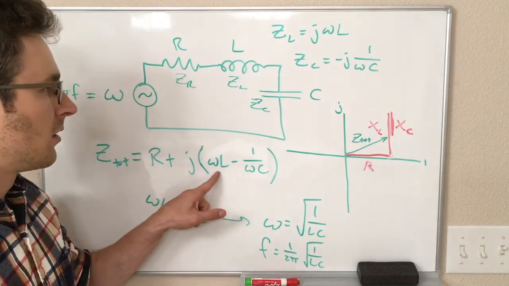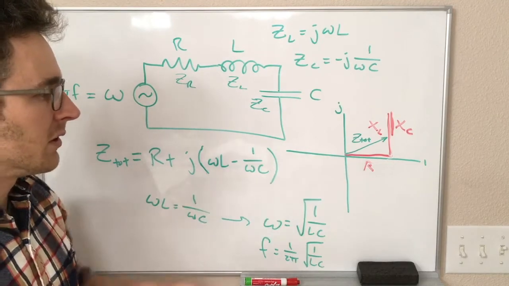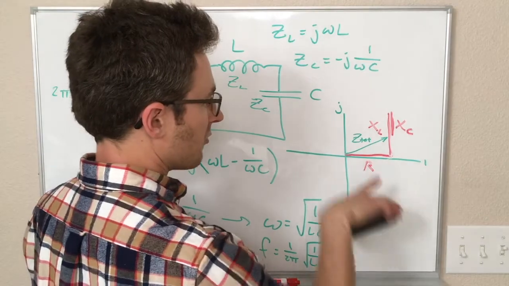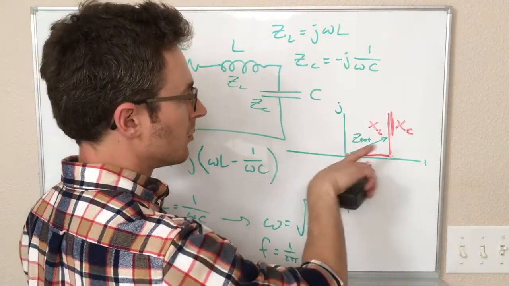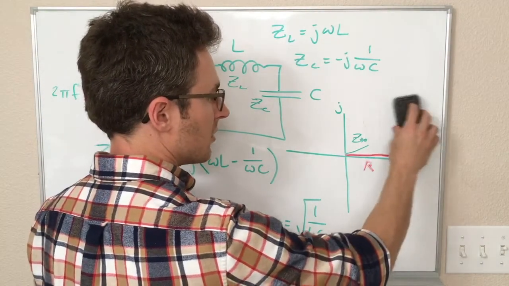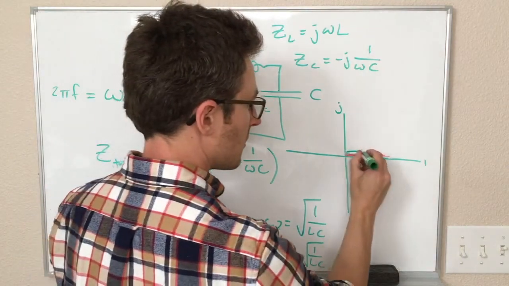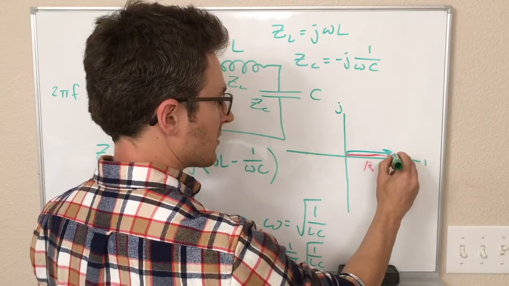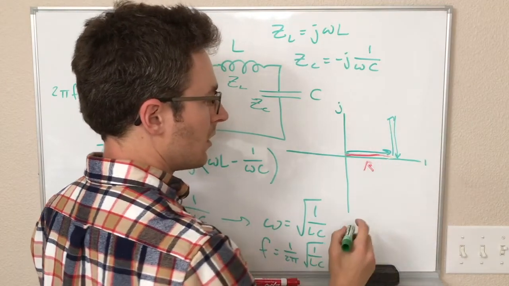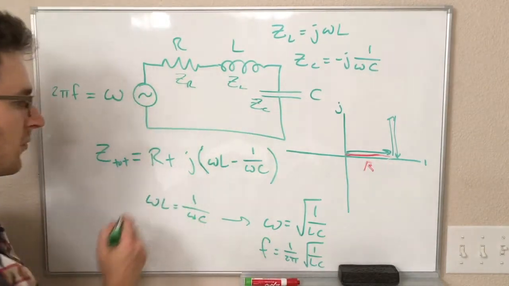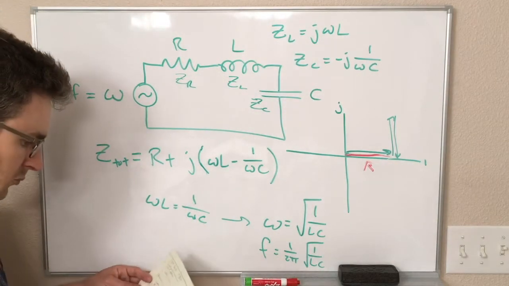Our inductor and our capacitor completely cancel out, and on our diagram, we don't have our total impedance at some angle. We have our total impedance simply equal to the resistance, right? Because these other two vectors, one's going up and one's going down, and so they're canceling out and just leaving us with R as Z total.